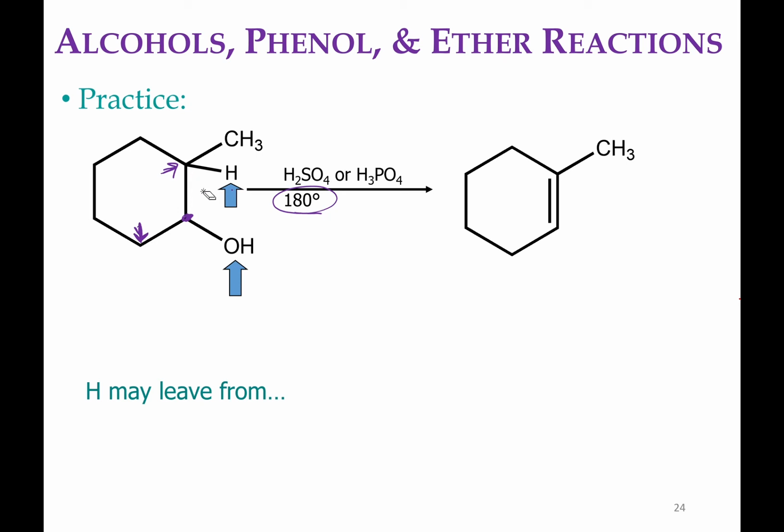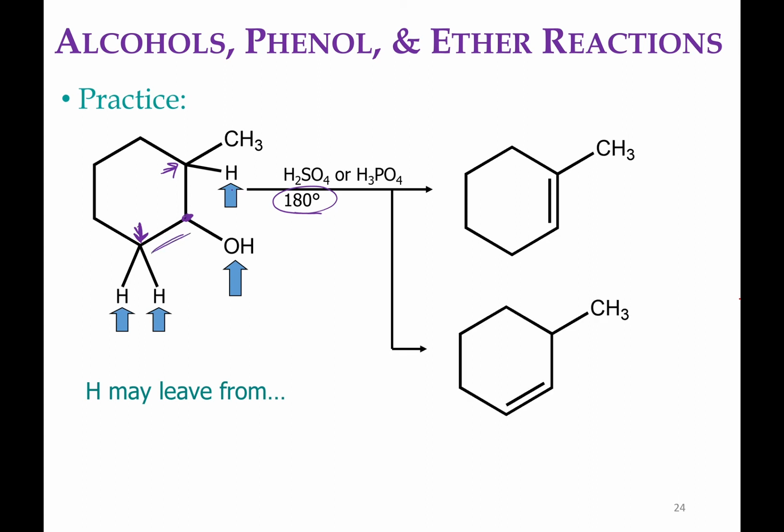But if the hydrogen leaves from the bottom carbon, one of those two hydrogens, we'll get a double bond over here that looks something like this. So take a look, think about Zaitsev's rule. We want them more substituted. Since this one has a methyl group and this one does not have a methyl group involved in the alkene, the top one would be our major product and the bottom would be our minor product.